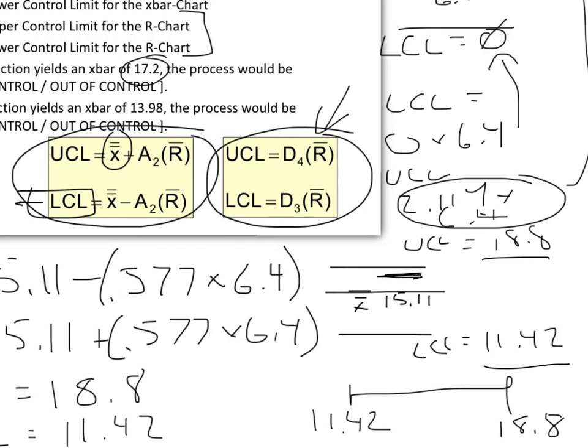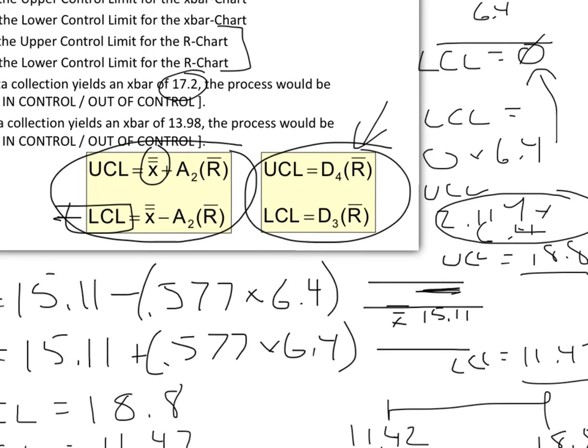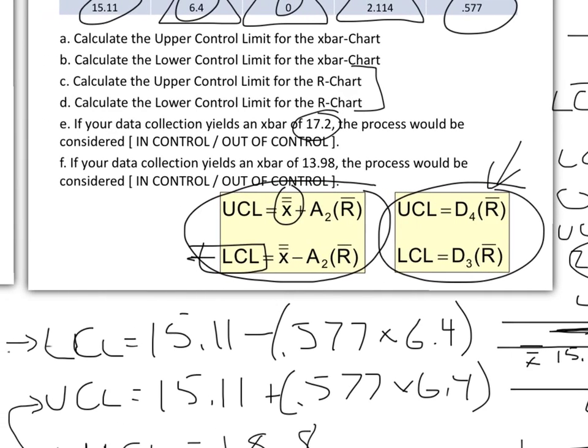It's within our upper and lower control limits, and so we would say that this 17.2 would be in control. That is, we would say that would be common cause, not special cause variation. We would expect some variation around that 15 minutes. That 17.2 is within our control limits.